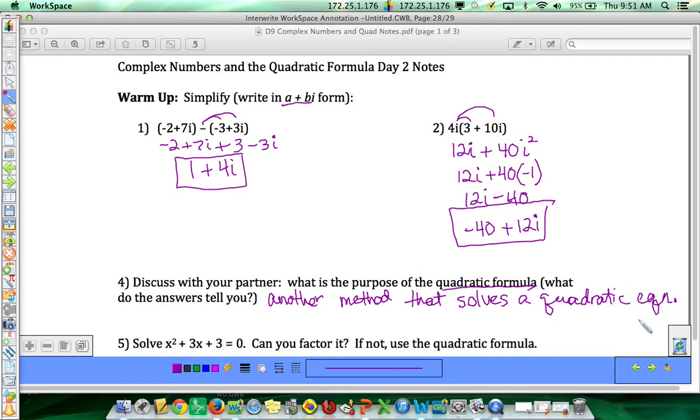In other words, it finds the answers for x when it's equal to 0. It finds the zeros of the quadratic. It finds the roots. It finds the x-intercepts. All those mean the same thing.